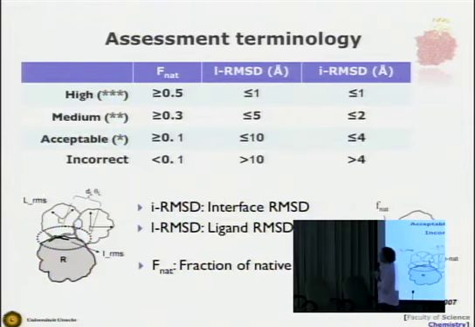We like the interface RMSD in particular, because you are really measuring how good your interface is. If you're docking a cigar, you might get the interface very perfect, but if your cigar is moving like that, the ligand RMSD might be very large, but still the interface is correct. So ligand RMSD is more a global measure.